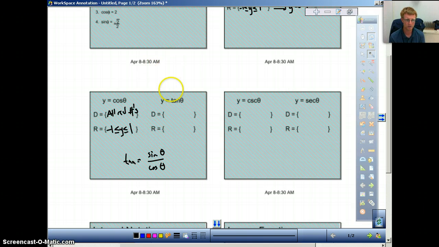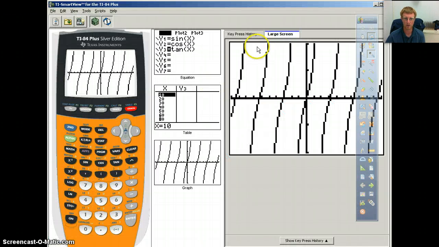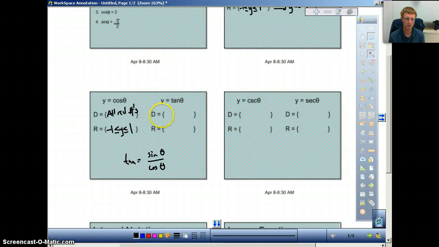So what we do is we define the domain because it can't be every x value anymore. Every time we hit one of those asymptotes, that x value is not defined. So we define our domain for tangent as theta cannot equal pi over 2 plus n pi.